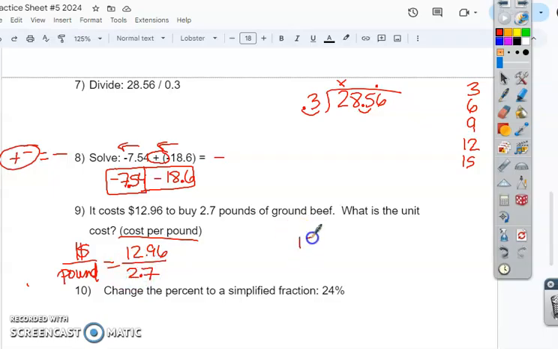Your job, 12.96 divided by 2.7. Okay. Move it once, and it's kind of ugly division because it's 27 and I don't know that, but I know 27 won't go into 1 or 12. So, guys, I just show some side work. I want to get it close to here.